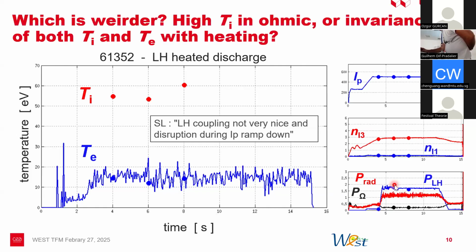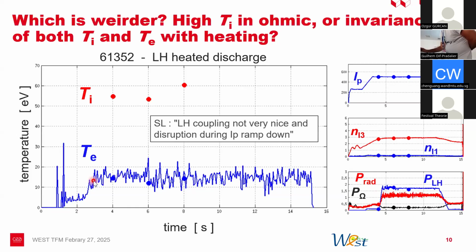And then we make two measurements when the power is at full magnitude. It looks like 1.8 megawatts in this particular shot. The power comes on at about 4.5 seconds, just after the first blue dot.